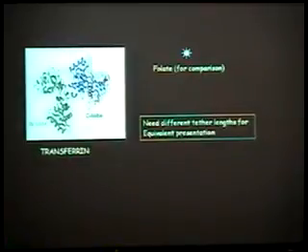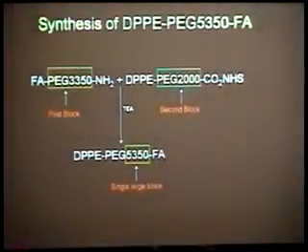And so one of the things that we've recently worked out is a standard chemistry to be able to do this. And we do this using PEG 3350 building blocks. And so this is, I guess, a homoblock copolymer approach that we use. And so we start with a DPPE with a 2,000 molecular weight PEG and then hydroxysuccinimide of that.